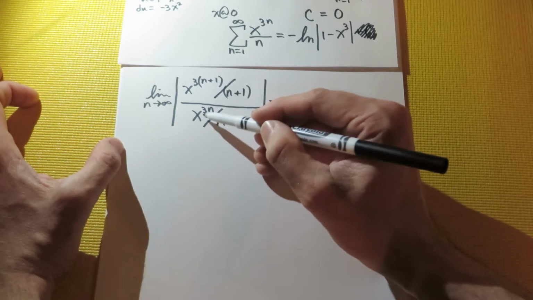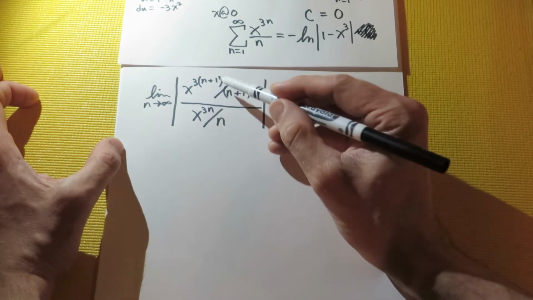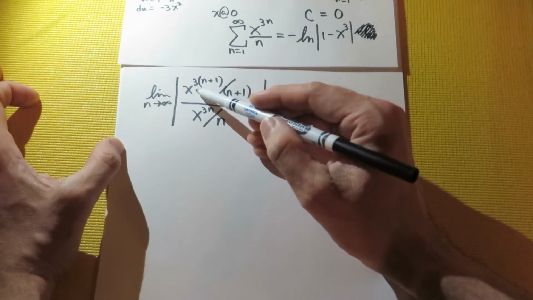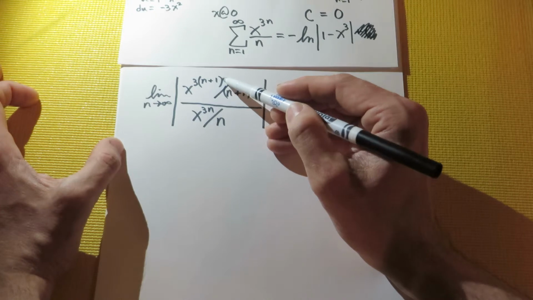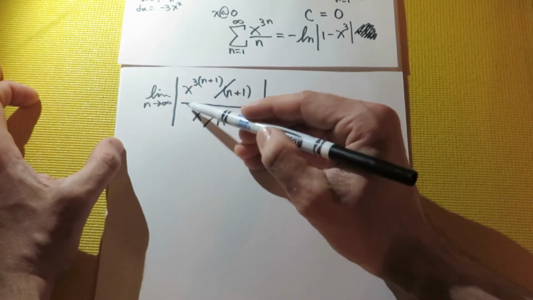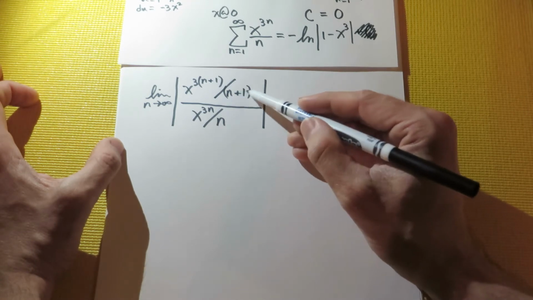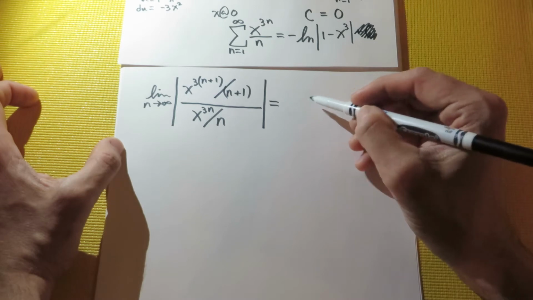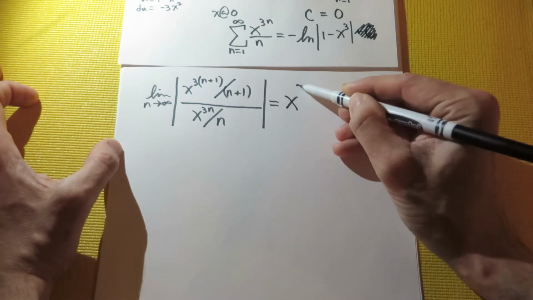That's going to cancel out with this x to the 3n here. That's just going to leave us with an x to the 3rd power. And then the limit as n approaches infinity of n over n plus 1. Well, that's just going to go to 1. And what we're going to be left with is the absolute value of x cubed.